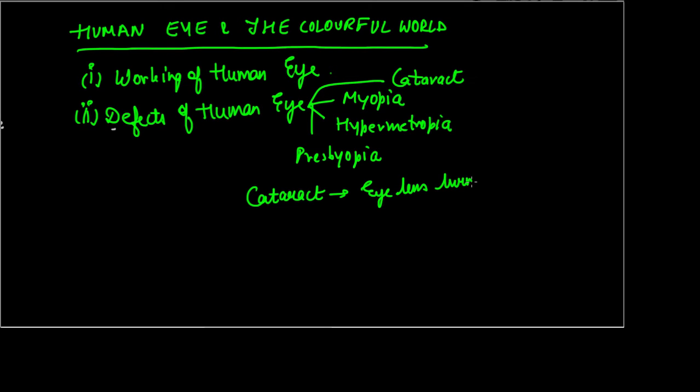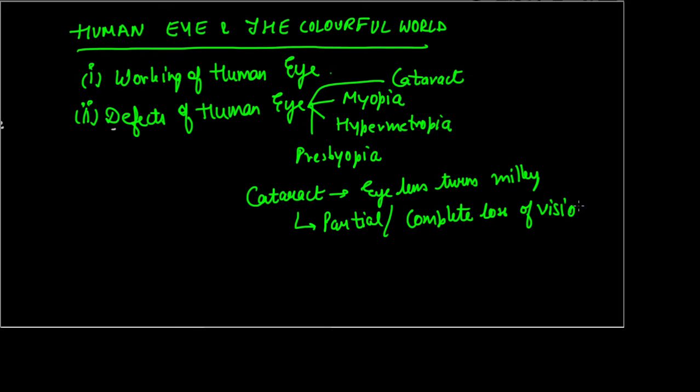Because of this milkiness of the eye lens, the vision becomes distorted. There is either partial loss of vision or complete loss of vision. And how can it be corrected? It can be corrected through surgery. That's all.